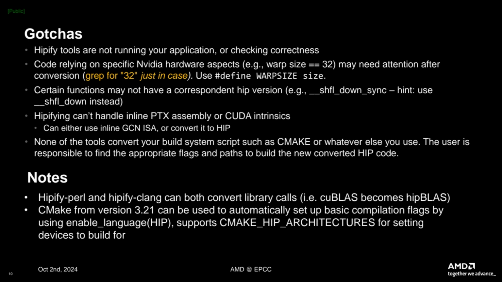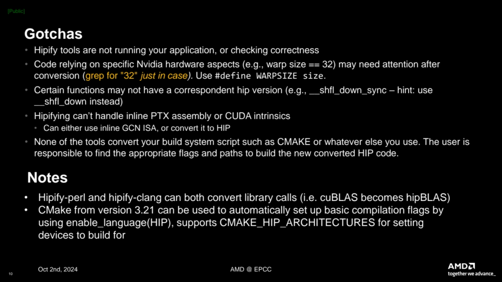And also, we have heard that it happens quite often that the warp size for CUDA is hard-coded to 32, but we've seen that the wavefront for AMD has a size of 64. So just grep for 32 to make sure that it's not hard-coded.